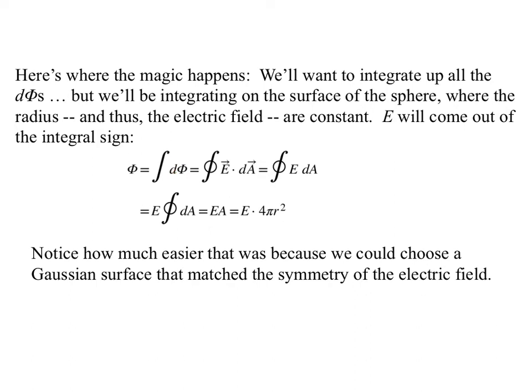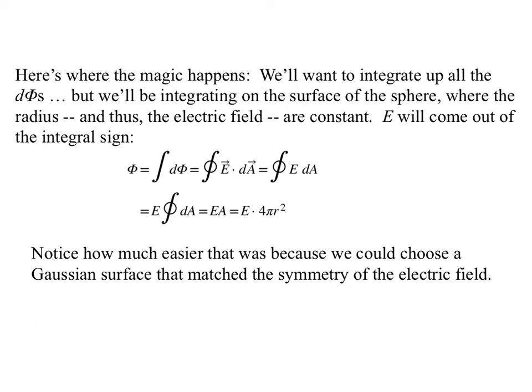Phi is the integral of d phi, which is the integral over a complete surface of E dot dA, which is the integral over a closed surface of E dA, but E is a constant, so it comes outside. So now we have the integral over the closed surface of dA, which is, as we said before, just A, so we have that phi is just the electric field times the area. And we know the area of a sphere is 4 pi r squared. So the electric flux is the electric field times 4 pi r squared.